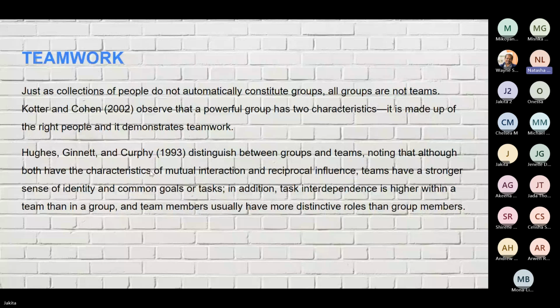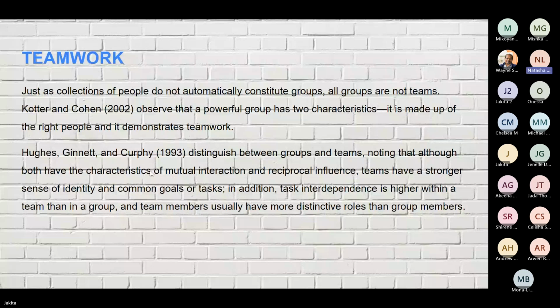As part of our discussion as well, we're looking at teamwork. Just as collections of people do not automatically constitute groups, all groups are not teams. Cotter and Cohen observed that powerful groups have two characteristics. It is made up of the right people and it demonstrates teamwork.